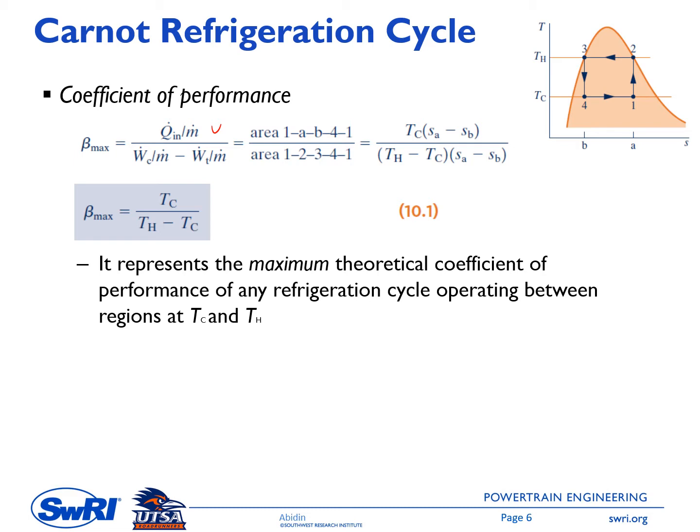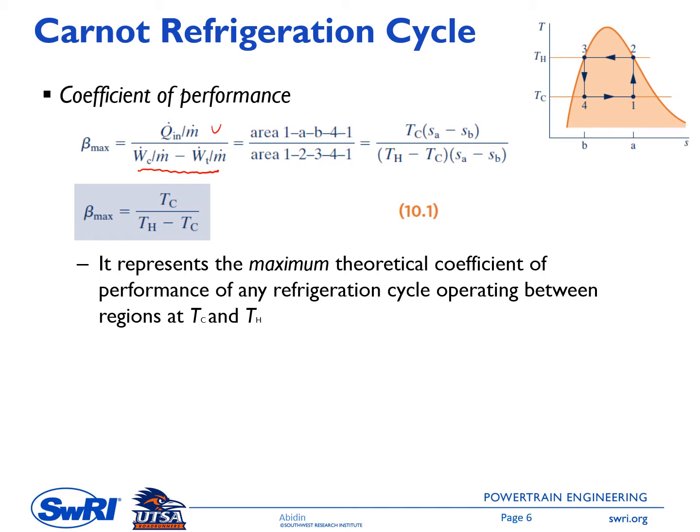So this is Q dot in over m dot, and what we pay is the energy required to propel the compressor. In this Carnot refrigeration cycle, we also have a turbine, and the turbine produces work. So what we need to pay is the net work, which is the compressor work minus the turbine work. So W dot C over m dot minus W dot T over m dot.